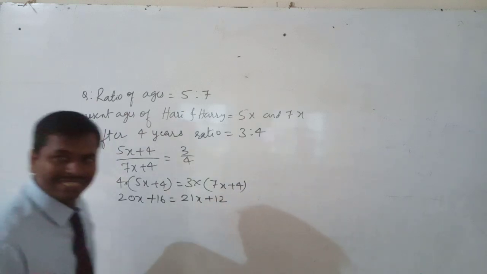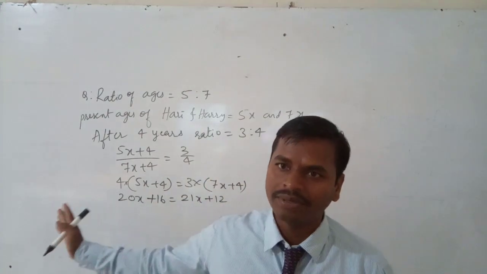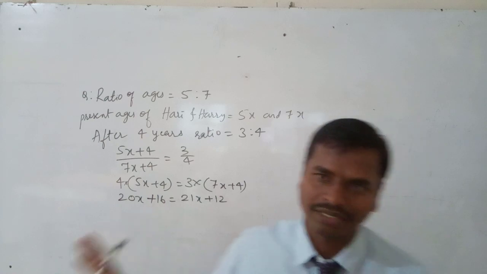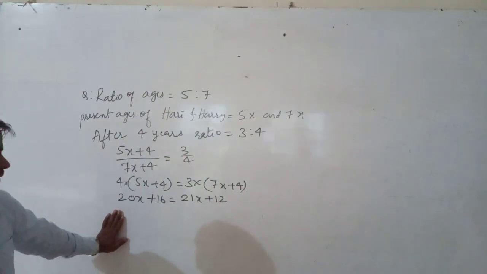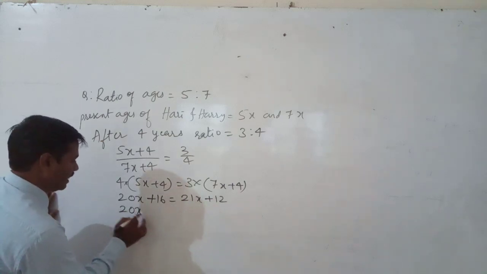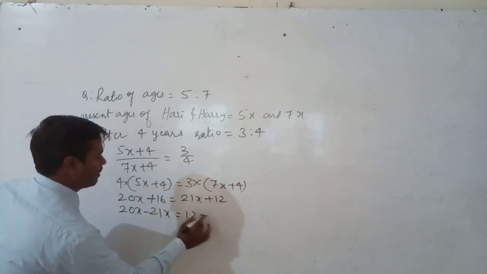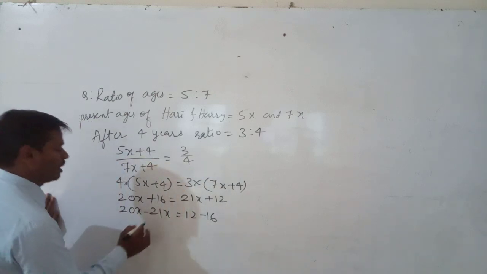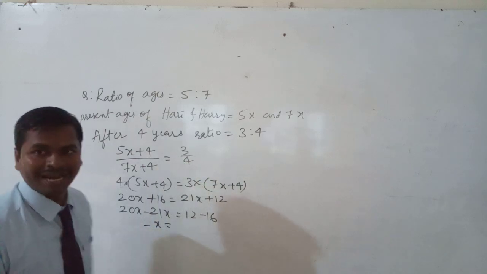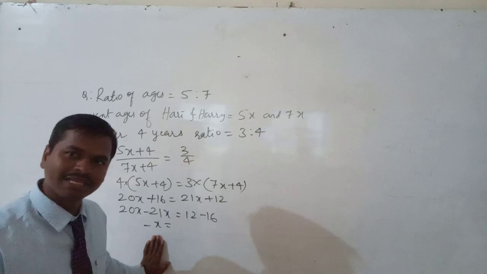Now same step next. It is in standard linear equation form. We will shift variable terms to the left side and constant terms to the other side. 20x minus 21x will become minus x, and 12 minus 16 will become minus 4. 20 minus 21 is minus 1x, minus x.